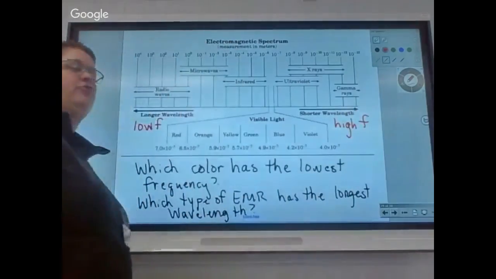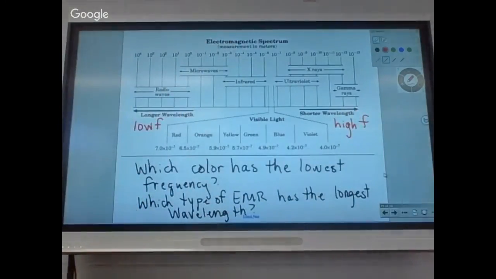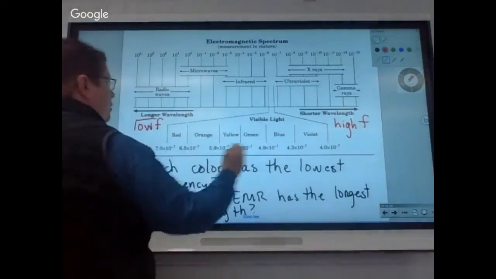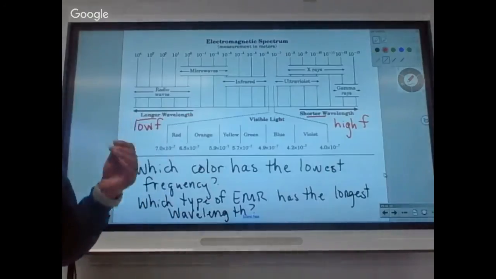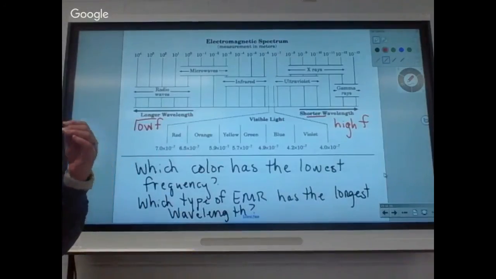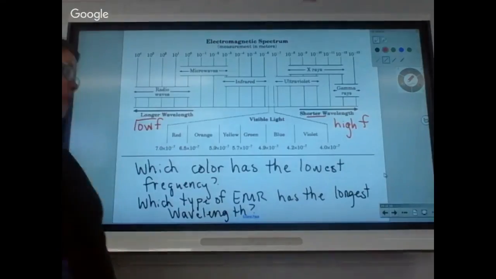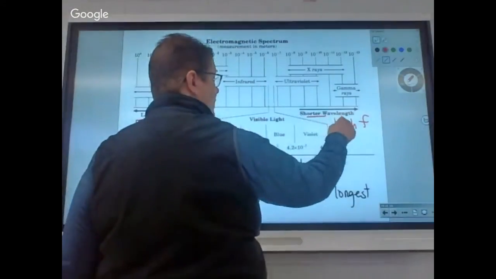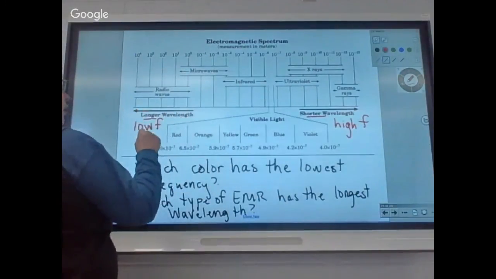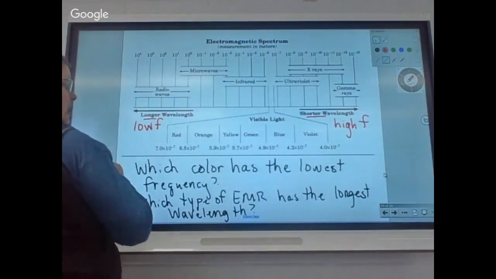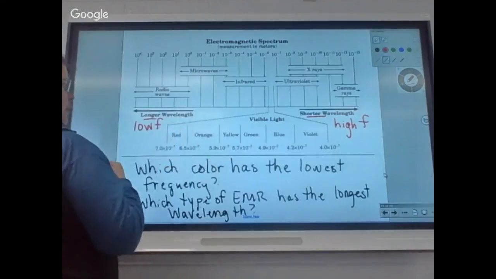That's where people struggle, because they look at this and automatically see long, short for frequency. It's not. It shows wavelength. So you got to remember they're opposites. Short means high frequency. Long means low frequency.